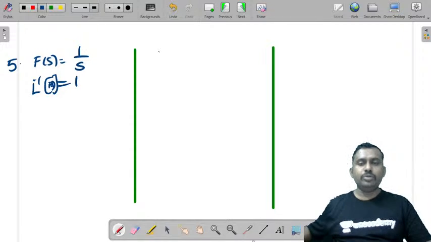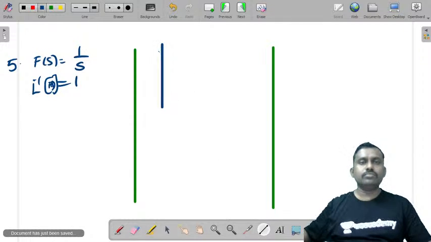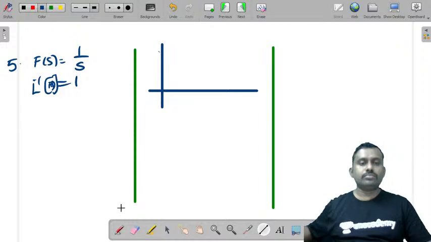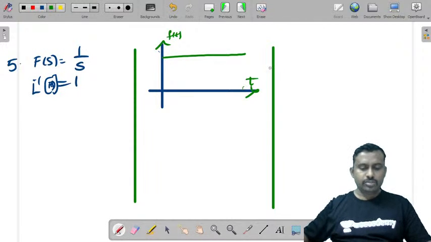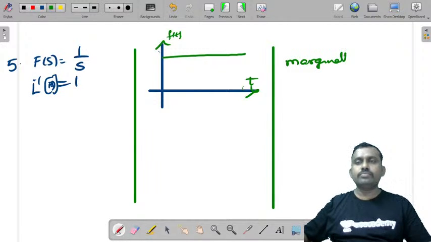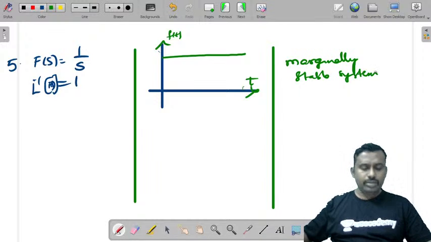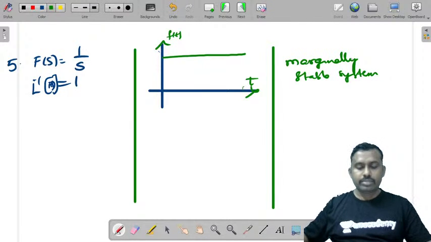So that will give you this sort of function, which is a straight line or a constant value for f of t versus t. So this will also be a marginally stable system or conditionally stable system.